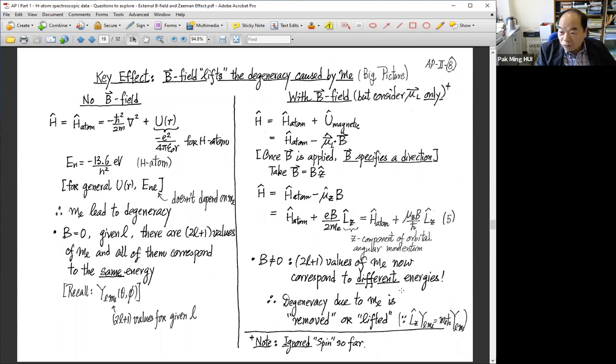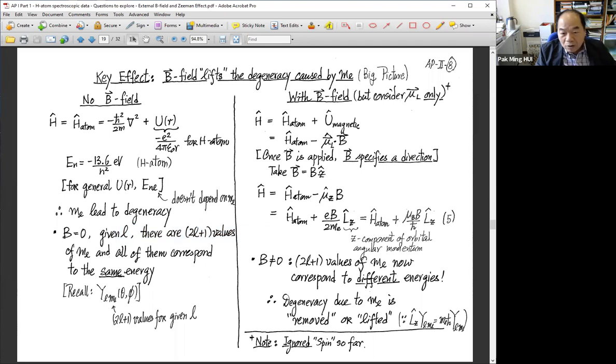Suddenly, we can solve this problem without any further math. Without the B field, we solve this. We know that there are degenerate states due to the L and ML behind it. For given L, there are ML states that are degenerate.